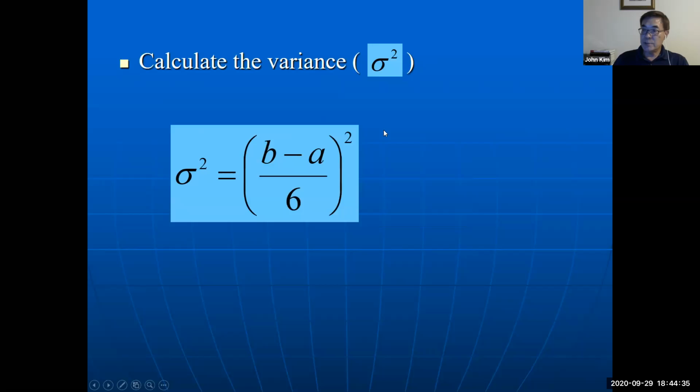We need the variance, and variance equals B minus A, where B is the pessimistic time and A the optimistic time, divided by 6, squared.